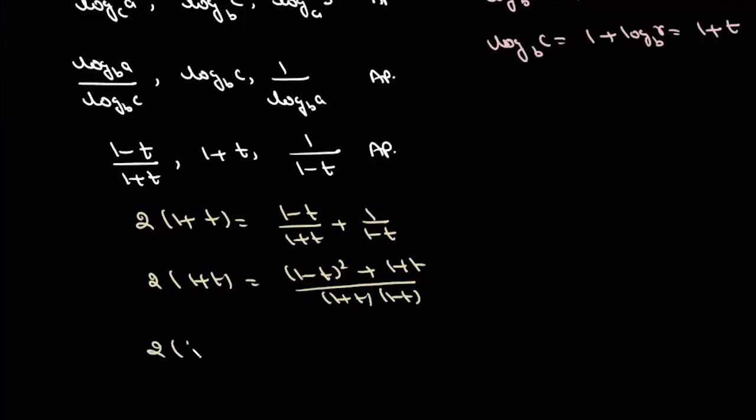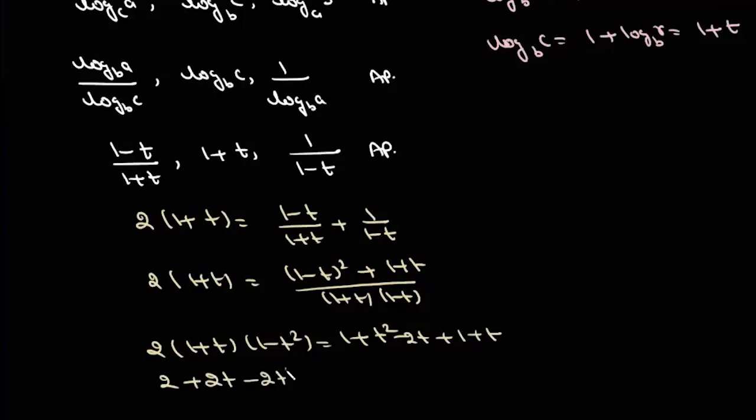So we can write 2 into 1 plus t into 1 minus t square, and it will be equal to 1 plus t square minus 2t, and this is 1 plus t. So this is 2 plus 2t minus 2t square minus 2t cube, and that will be t square minus t plus 2.